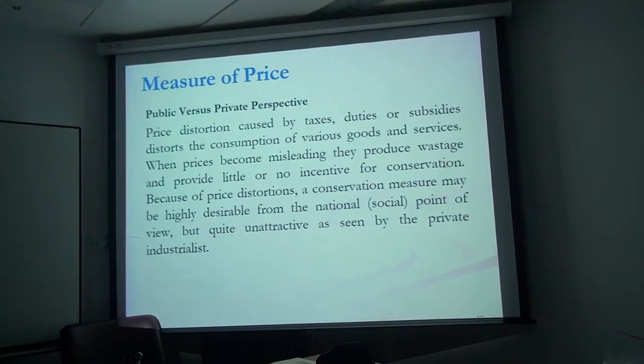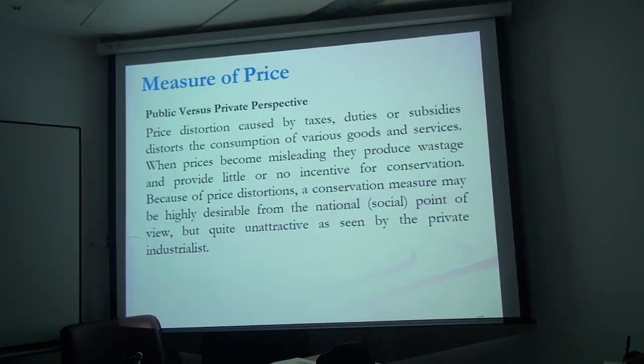And the price may be quite different because the prices are distorted by government to achieve certain social objectives. They put duties and taxes on certain items and they subsidize certain items. In Oman, for example, we have electricity heavily subsidized.